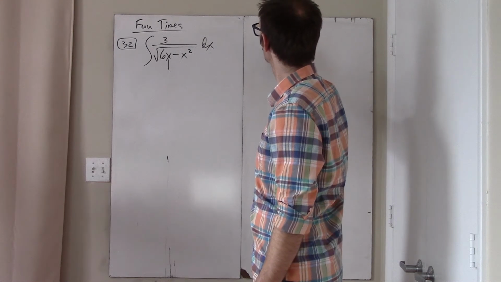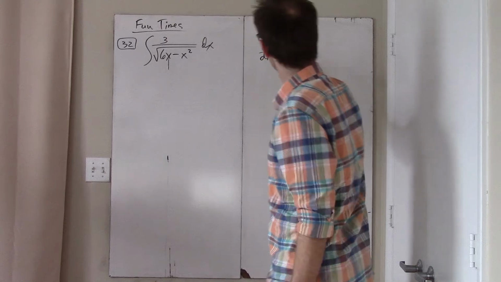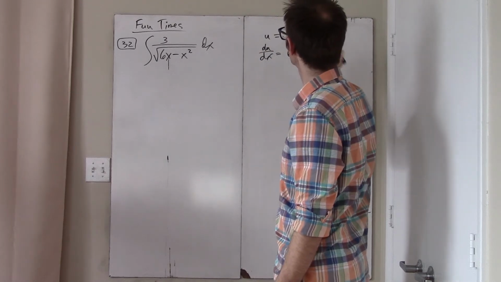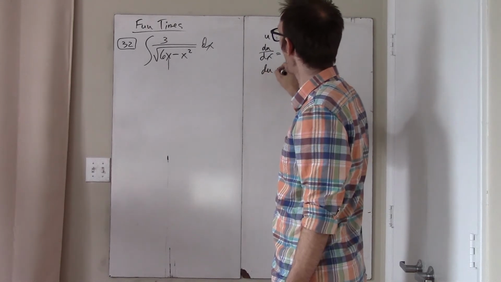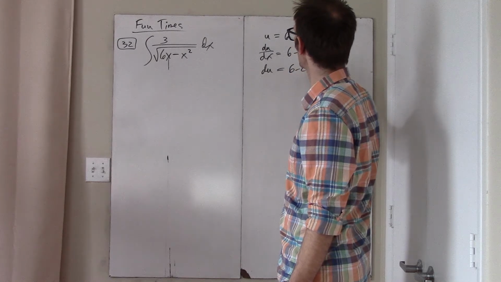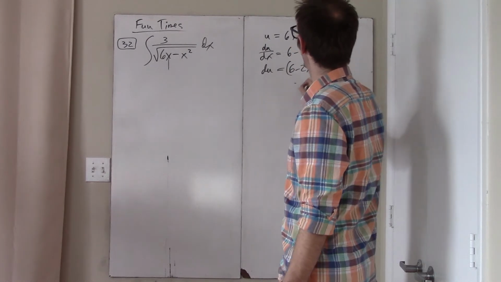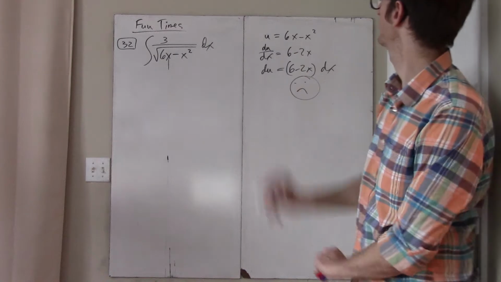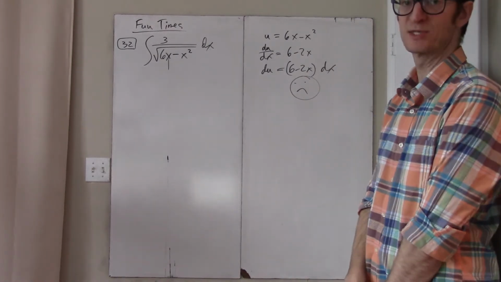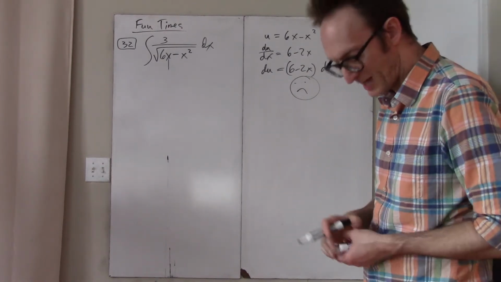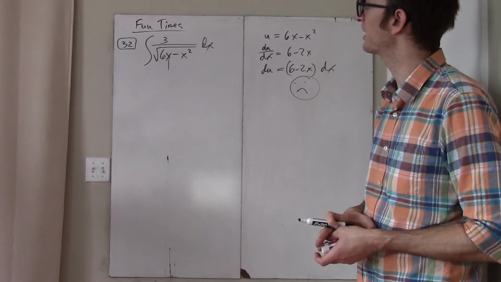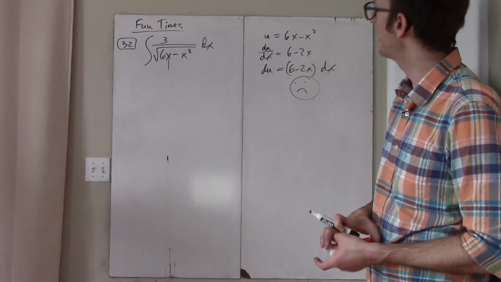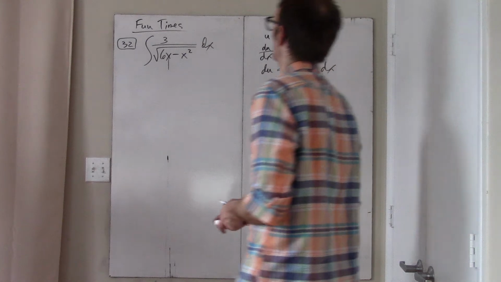Because then du dx is 6 minus 2x, and now you just don't have anything looking like that anywhere in your numerator, and so this u substitution is hopeless. So this is not going to be a simple matter of letting u be the inside there. So we have to do something else.